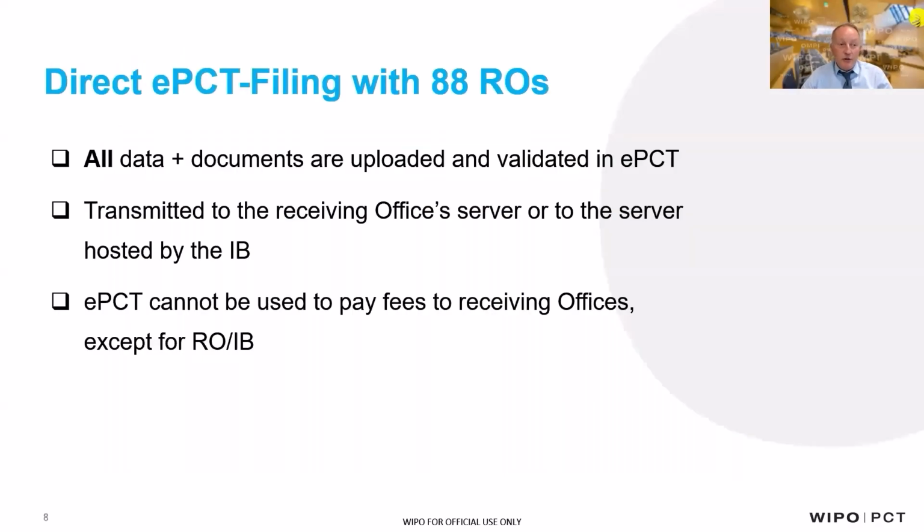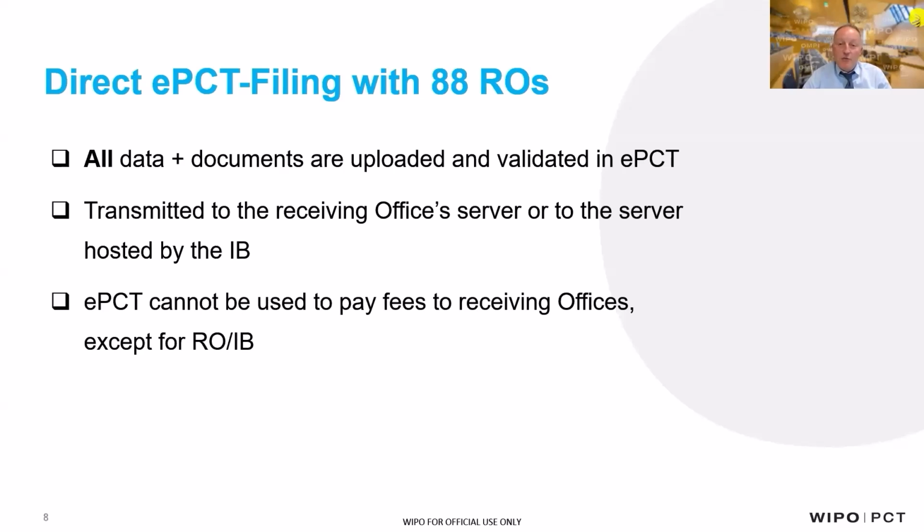As of today, I mentioned earlier that we have 91 receiving offices accepting ePCT filing. In fact, we have 88 receiving offices with which you will file your international application directly using ePCT. So meaning that all data and documents are uploaded and validated by the system.